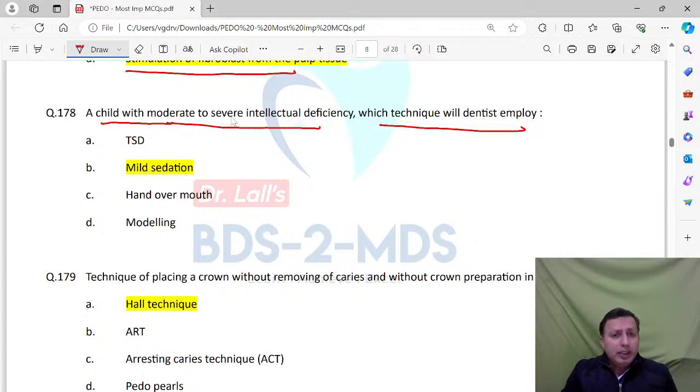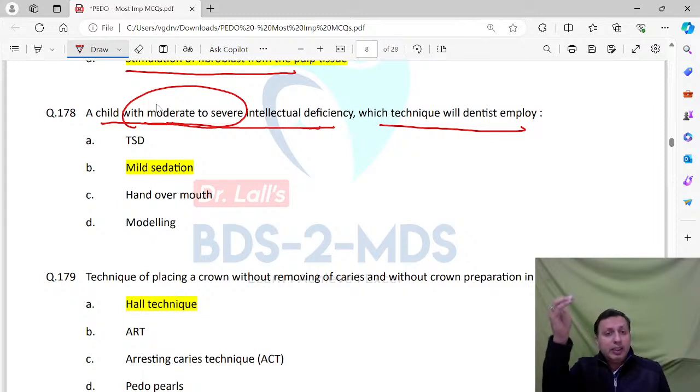So if the IQ is less than 69 and they are asking about the kids who are moderate to severe.